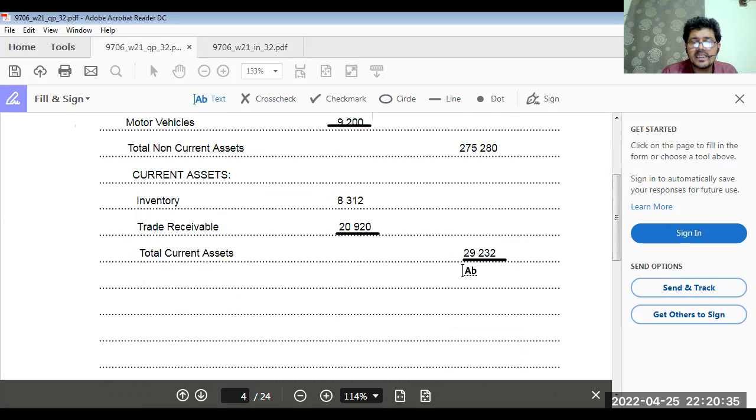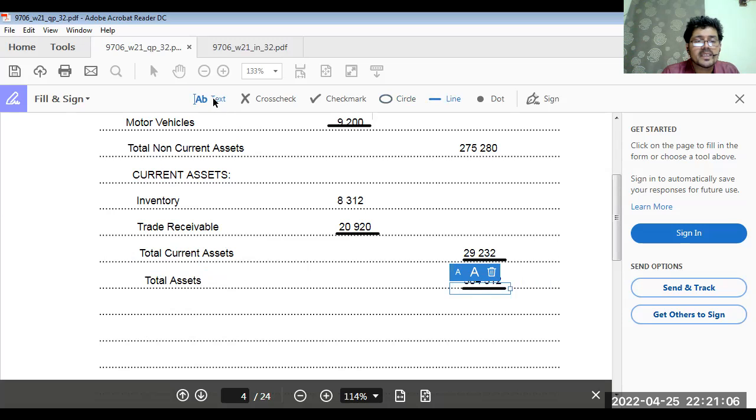First we add, then we write the name. Plus 275,280, 304,512. 304,512 total assets. Done. I'm going to put a double line because the other side should be equal to this total assets.